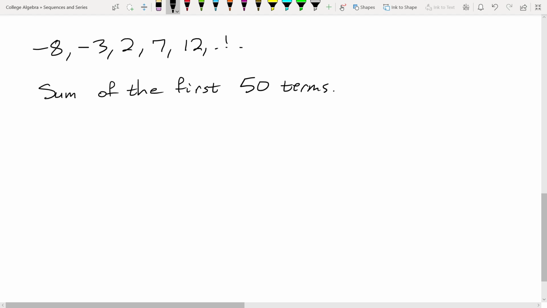The next one would be 17, then we have 22, then 27, then 32, and find all of them and then add them all up, but that would take a very long time. So we should always ask, is there a faster way? And there actually is. We have this formula here.